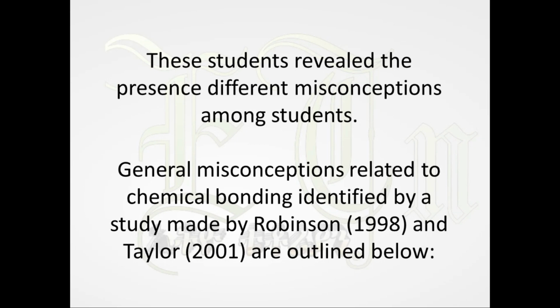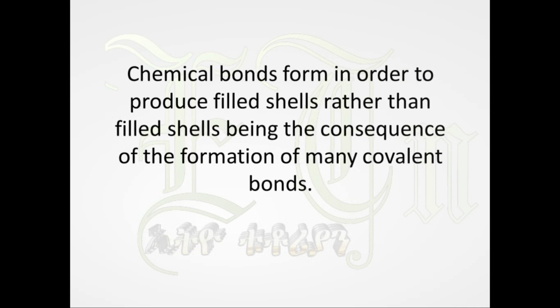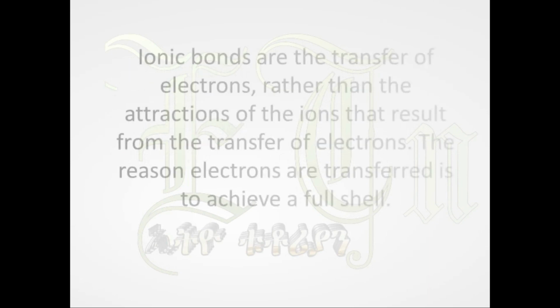General misconceptions related to chemical bonding identified by a study made by Robinson 1998 and Taylor 2001 are outlined below. Chemical bonds form in order to produce filled shells, rather than filled shells being the consequence of the formation of many covalent bonds.